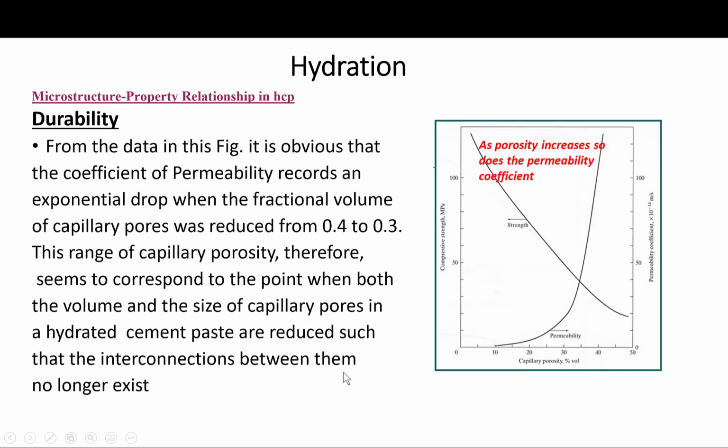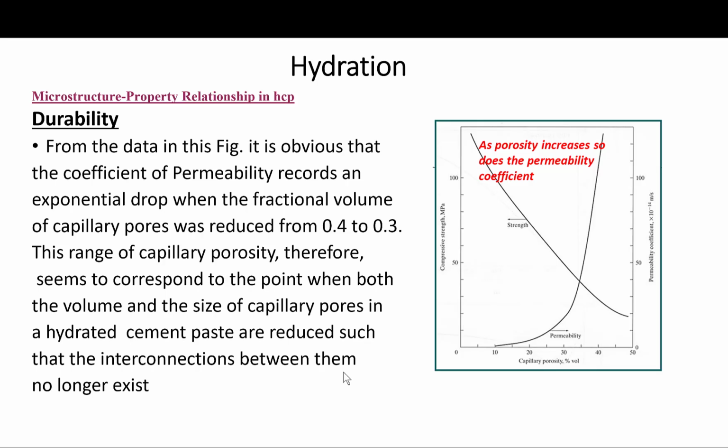From the data given in the figure, it is obvious that the coefficient of permeability registered an exponential drop when the fraction of the capillary pores was reduced from 0.4 to 0.3.